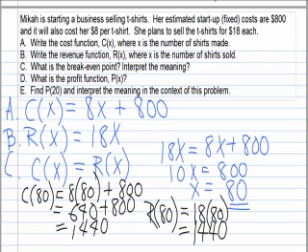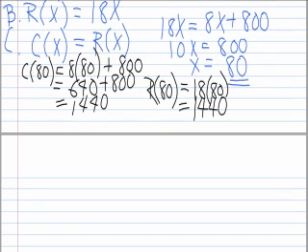So Micah is going to break even if she sells 80 shirts. Now let's talk about profit, because when you are in business, ideally you're in the business to make a profit. So part D asks us to write the profit function.